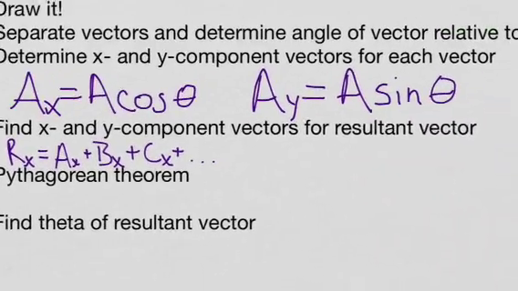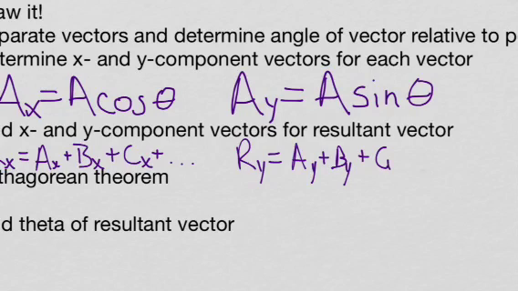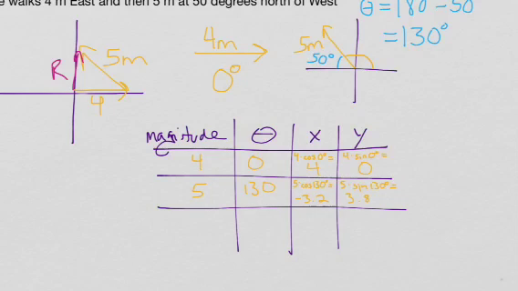If we had a bunch of vectors, for the y vector, it would be the same, a sub y, b sub y, c sub y, etc. On our table, this is easy. We can just add together 4 plus negative 3.2 is 0.8. 0 plus 3.8 is 3.8. Perfect.